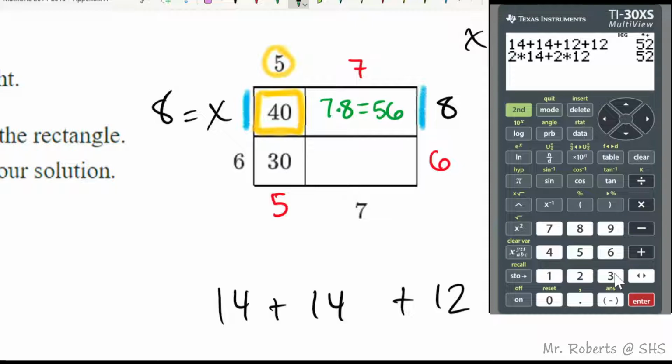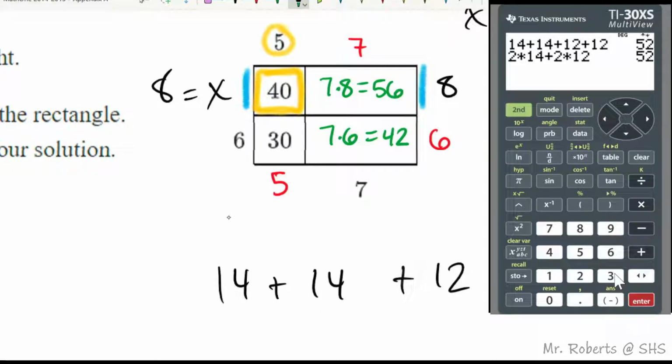I'm not looking at it. And then the other part is 7 times 6, which is 42. So the area, if I add up all 4 of those pieces: one piece is 40, one piece is 30, the one below it, then there's a 56, and there is a 42. So let's fire up the calculator.